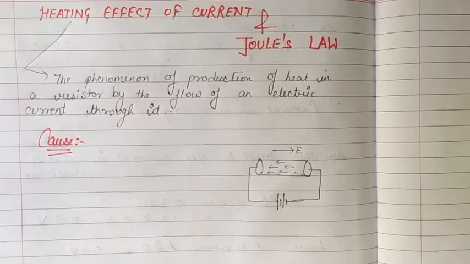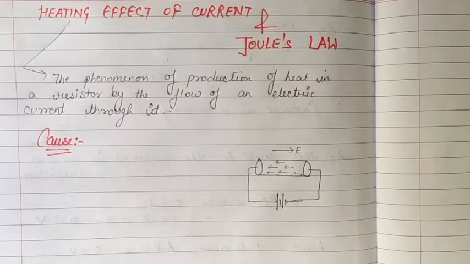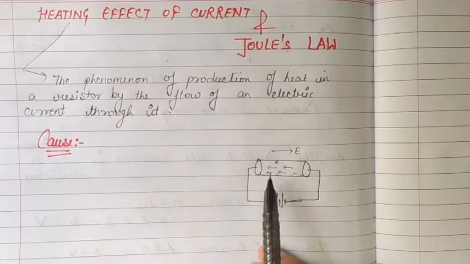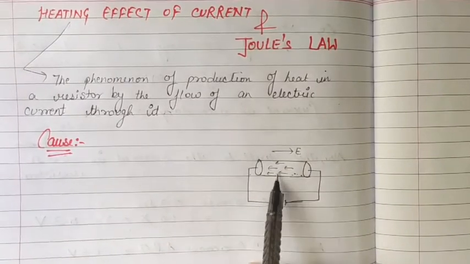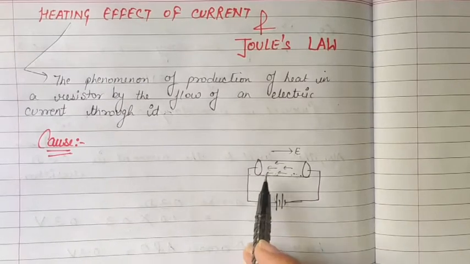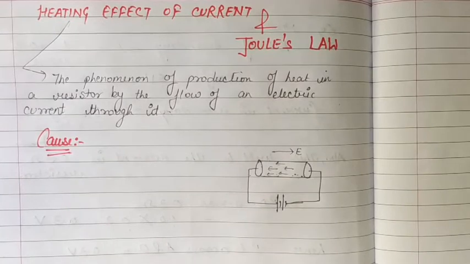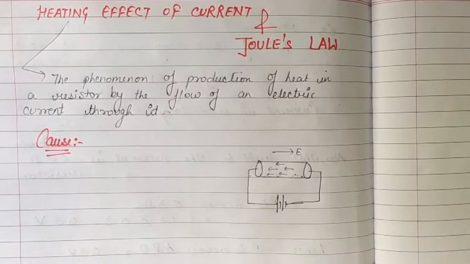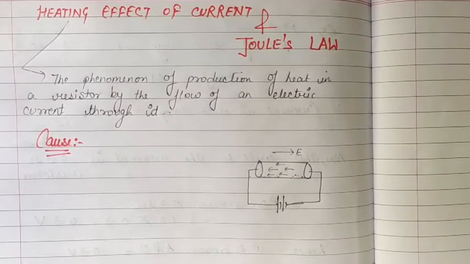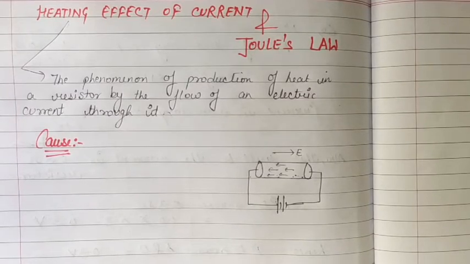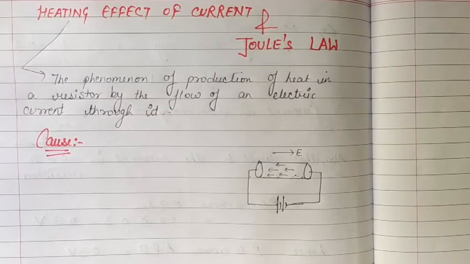The reason is that these free electrons while moving collide frequently with positive metal ions, and due to these collisions, the kinetic energy that they gain during the interval of free acceleration between two collisions is transferred to that metal ion and they lose that energy.